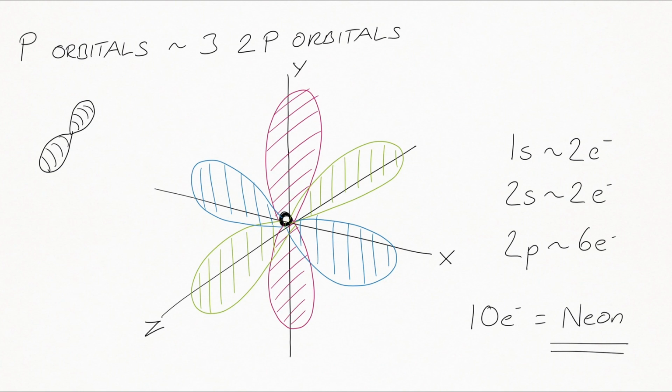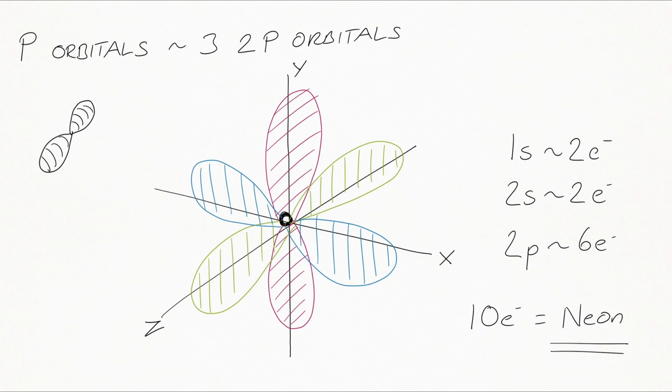If we were to add another electron, where would that go? Well, that would start to fill the 3s orbital, which again is an even higher energy level, and like the levels below, can contain up to 2 electrons. As we add more and more electrons, we fill more and more orbitals.